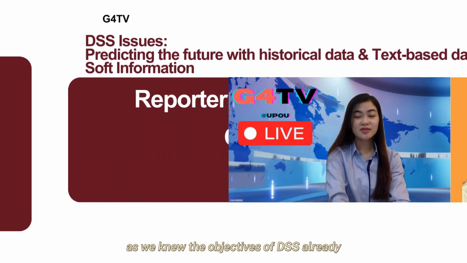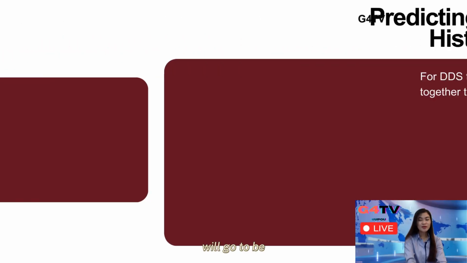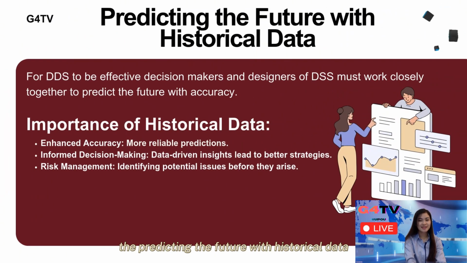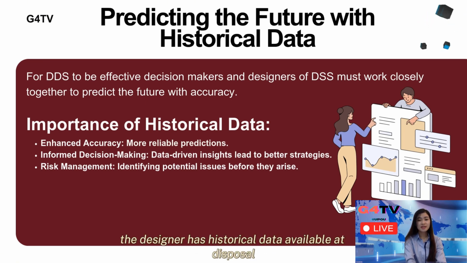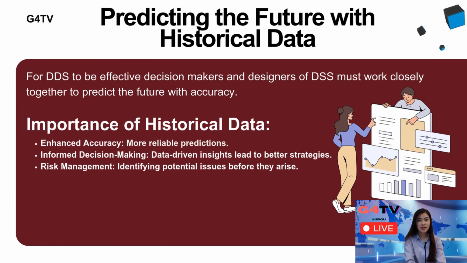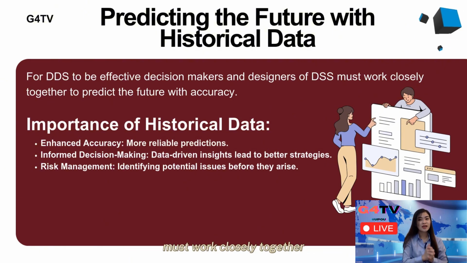As we know the objectives of DSS already, we'll go through predicting the future with historical data. In most instances, the designer has historical data available at disposal. For DSS to be effective, decision makers and designers of DSS must work closely together to predict the future with accuracy.